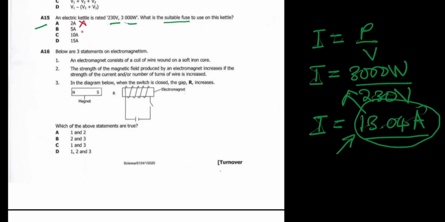Remember that the rating of the fuse should be slightly above what we've calculated, which is 13.04 amps. So option A, option B, and option C can't be correct. And the only correct answer there is actually option D, because this 15 amps is slightly above what we have here. And so that's how we deal with such problems.